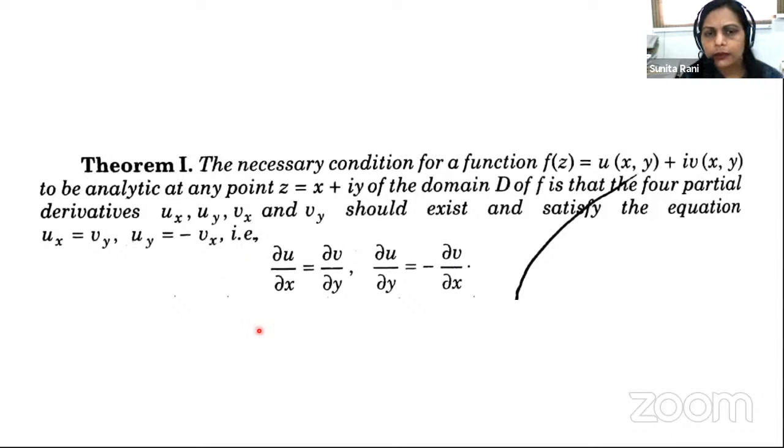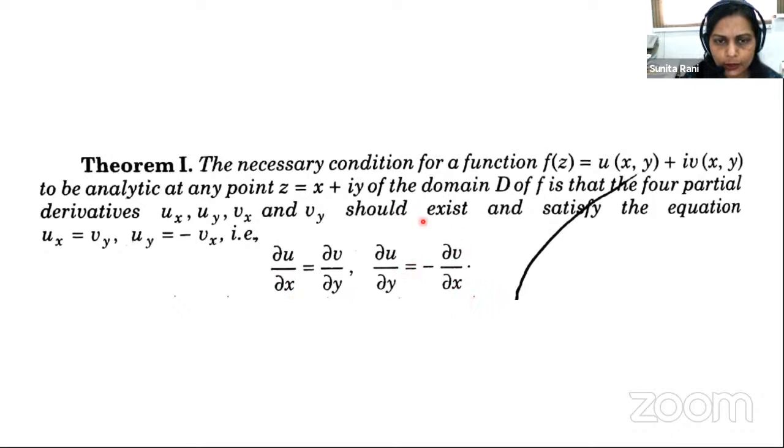Okay, if you have u and v in the expression, and you have to show that the function is analytic, first show that these expressions satisfy the Cauchy-Riemann equations. First find curly u by curly x, curly v by curly y, curly u by curly y, and curly v by curly x.